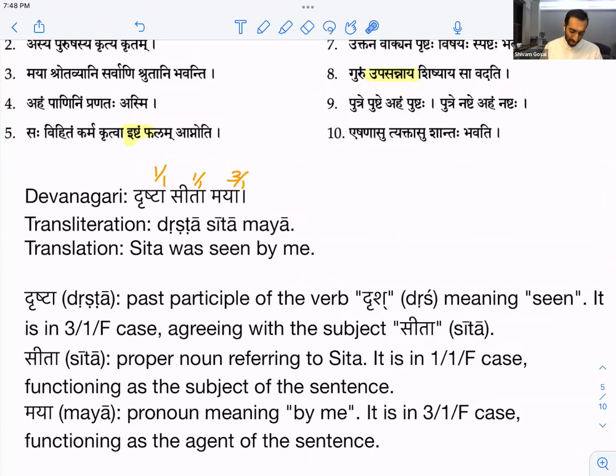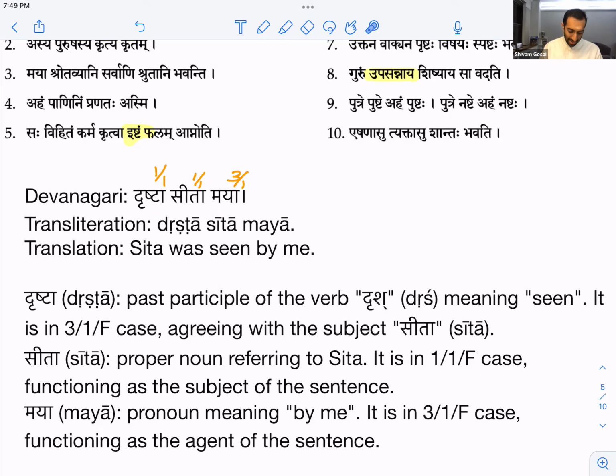Maya asmad shabda tritiya vibhakti ekavachanam. Now, because this is karmani kṛdanta, you can have the karta in third case, just like what we do with verbs.